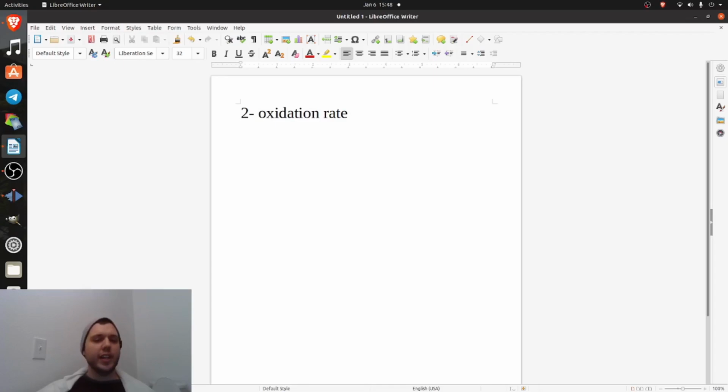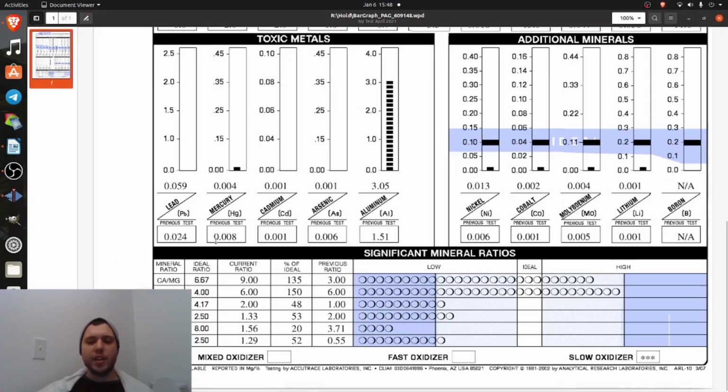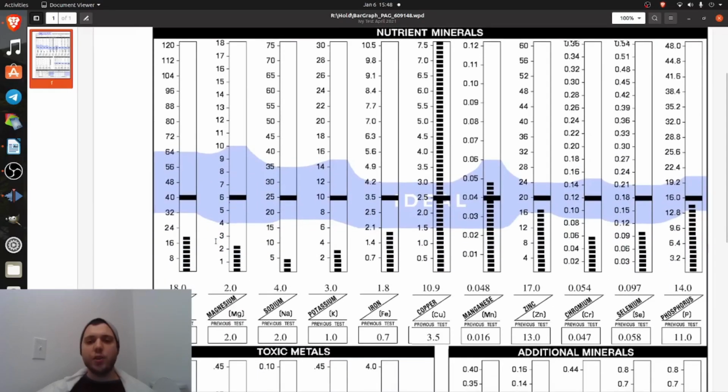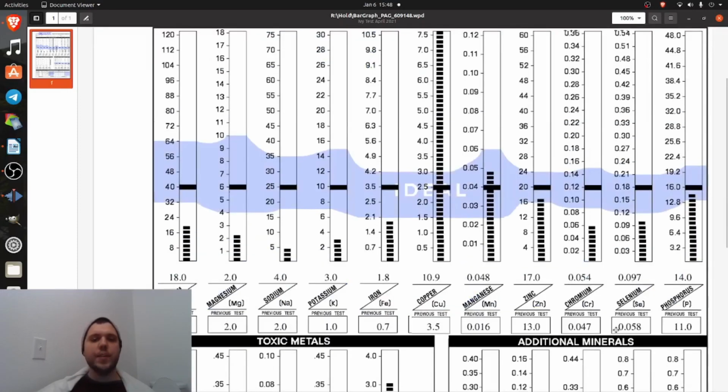And if we look at a sample test here, there's a couple ways to tell the oxidation rate. So it's important to realize that the hair graph is already calibrated. Besides the fact that the lab will tell you if someone's in fast or slow oxidation, just visually we can see that calcium and magnesium are both higher than sodium and potassium.